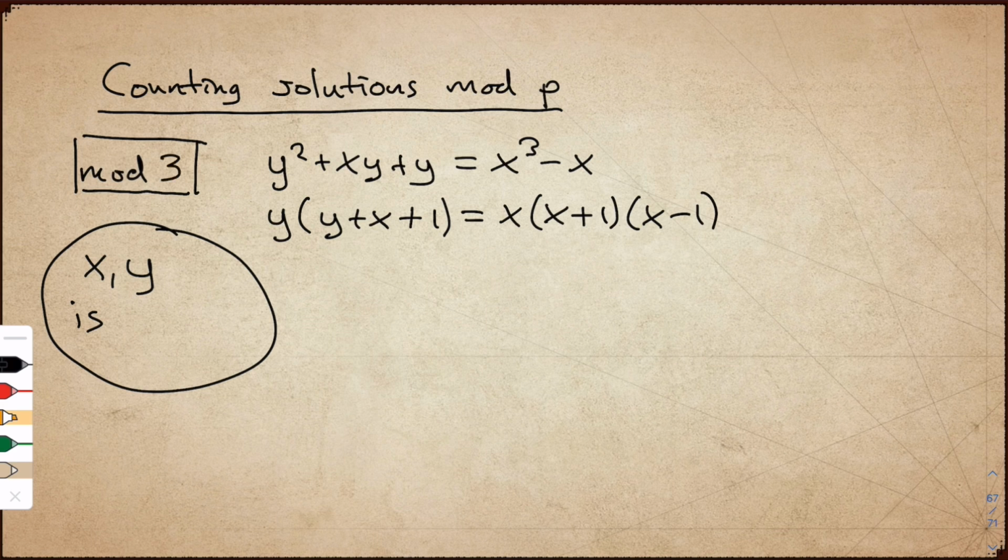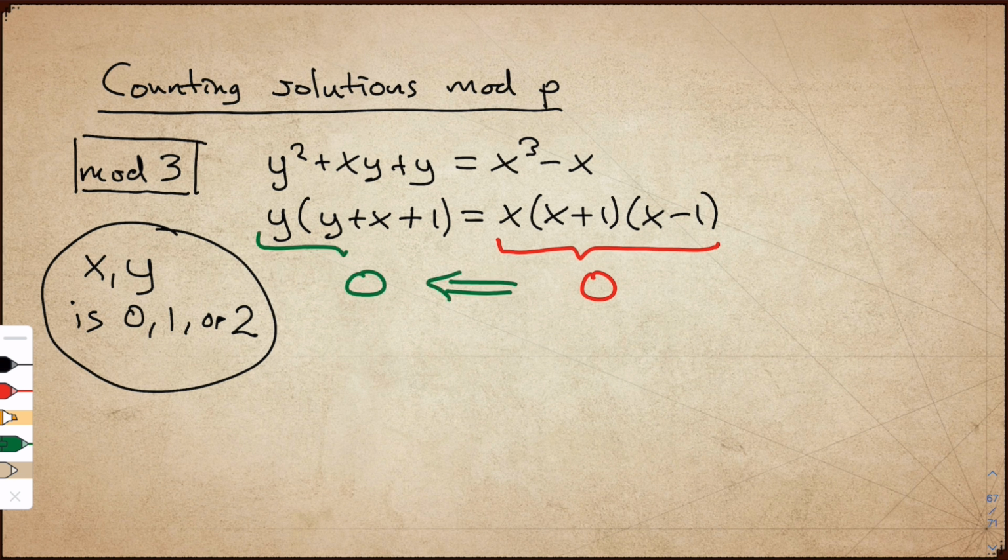Now let's count solutions mod 3. x and y will be 0, 1, or 2, and all computations are done mod 3. The right-hand side is the product of 3 consecutive integers, and one of them will be 0 when we work mod 3. And hence the entire product is 0, that's the right-hand side, so the left-hand side must again also be 0.